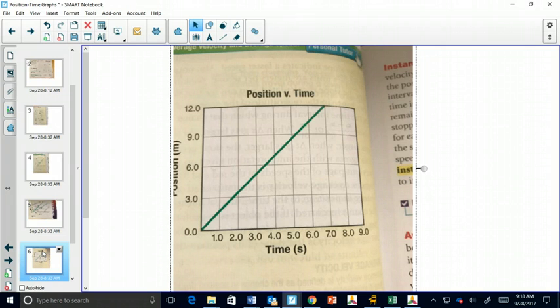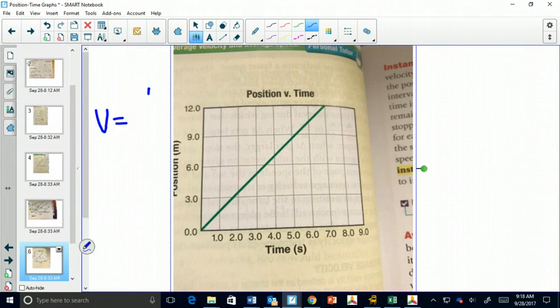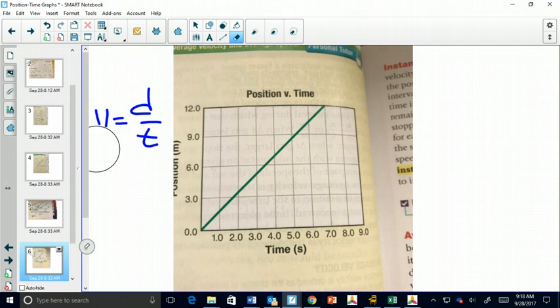So what's our equation for velocity? Sure, distance over time. Is there a name for that old equation? Distance is rate times time. The dirt equation.